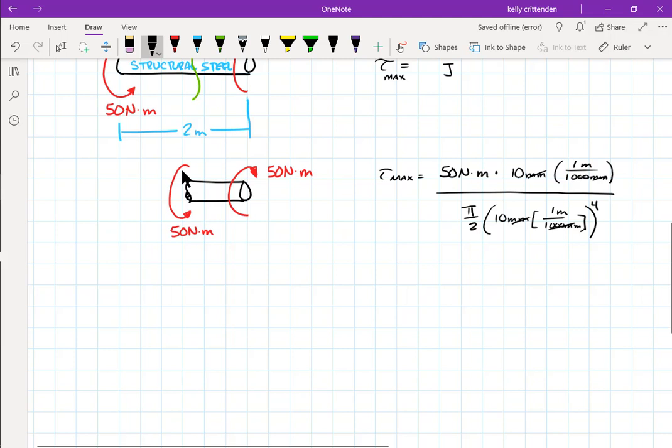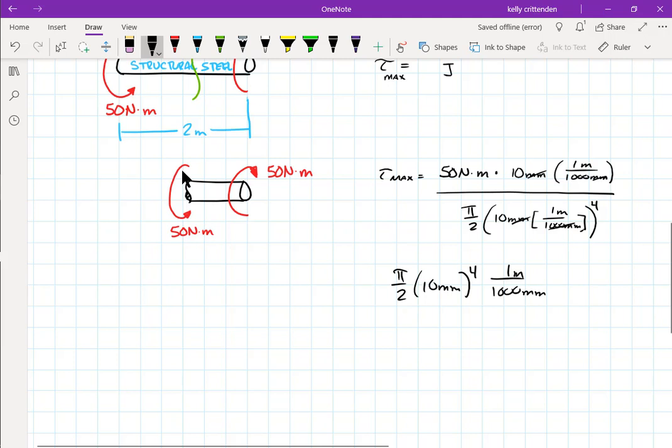Be careful, if you're going to convert and have a power, like raise to the fourth power, be sure you do your conversions before doing your exponent, or apply the exponent to your conversion factor also, otherwise you won't be canceling out the right units. If I put the 1 meter over 1,000 outside of the parentheses, it's 10 millimeters to the fourth, and then I try to convert it, 1 meter over 1,000 millimeters.